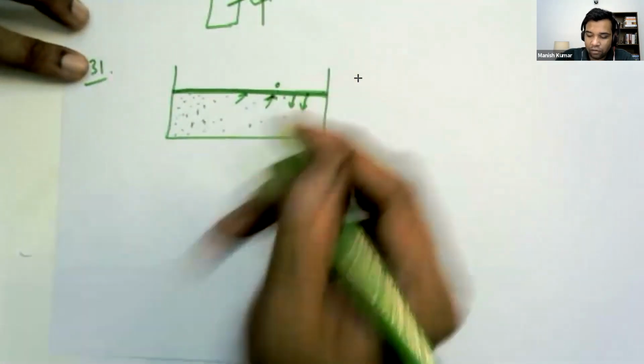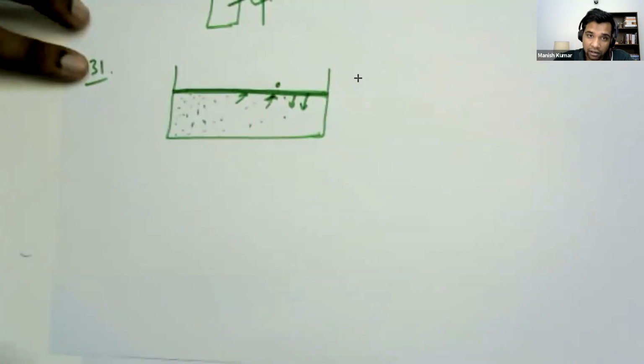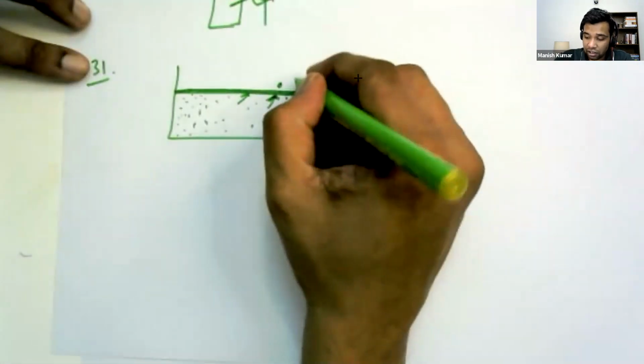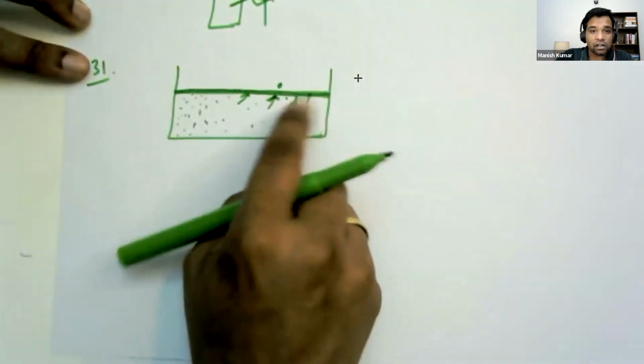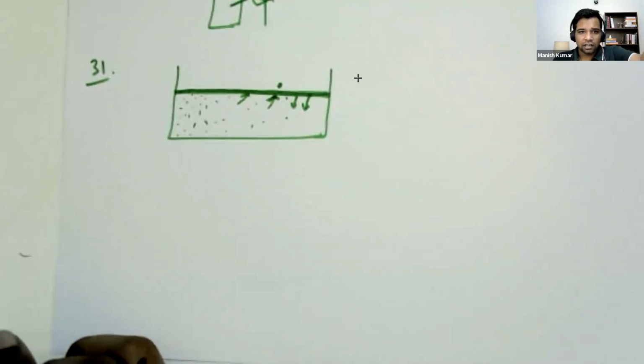So it might happen that some of the molecules near the surface gain so much kinetic energy that they overcome the force of cohesion, the force that is trying to keep them together, the force of the family, the force of the society. The molecule is near the surface, so it can leave.